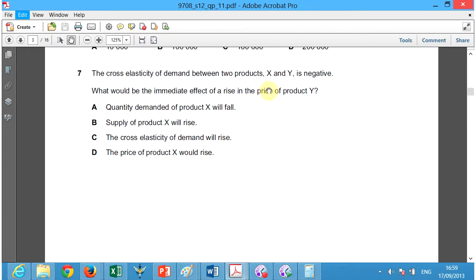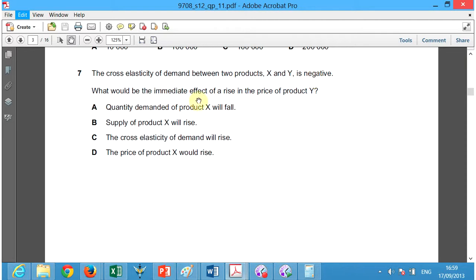Again, this term cross elasticity of demand measures the relationship between the percent change in price of one good and the percentage change in quantity demanded of another good. So in this example, they say the cross elasticity of demand is negative.